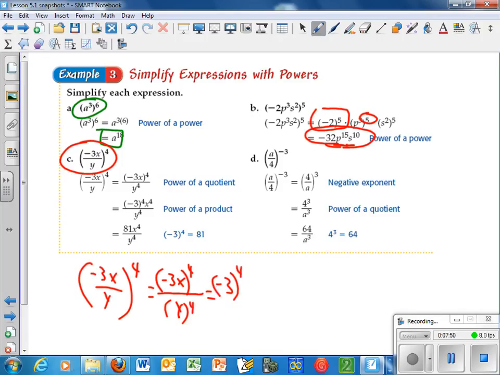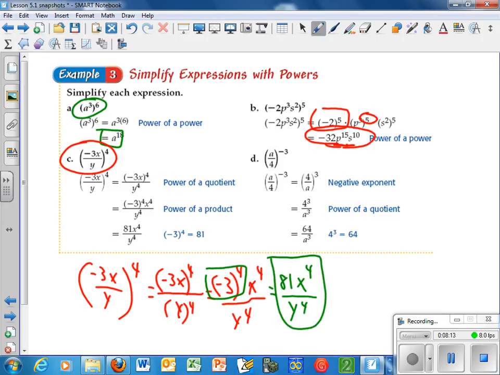That's a coefficient, that negative 3. And then you take x to the fourth power. On the bottom, we're just going to get y to the fourth. If we take negative 3 to the fourth power, negative 3 in parentheses, that's 81. Okay, x to the fourth on top over y to the fourth. And that would be as far as you can go, or simplified there.